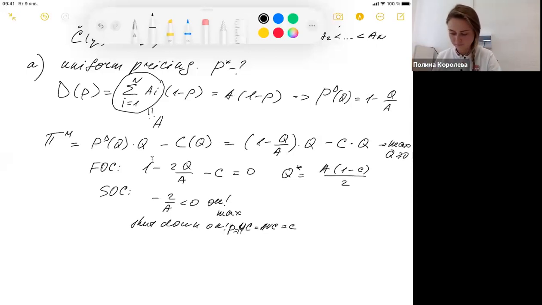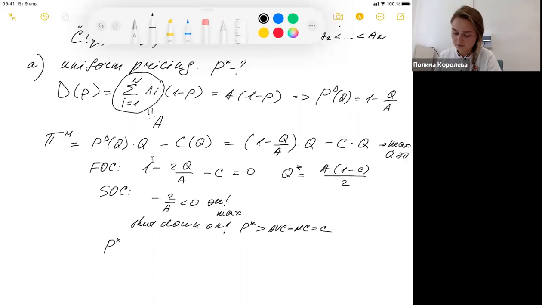Okay, because our price is always bigger than average variable cost, which equals marginal cost, which equals C, profit is always positive.